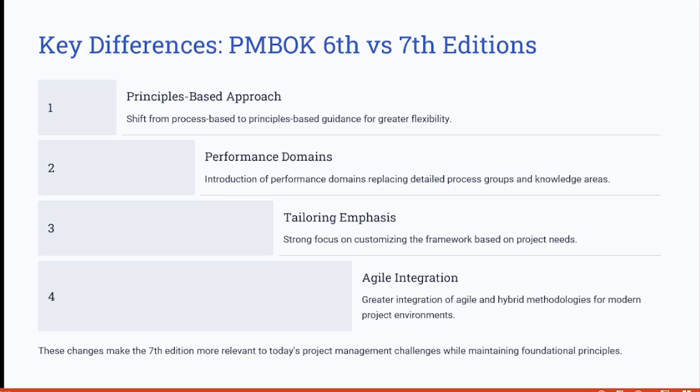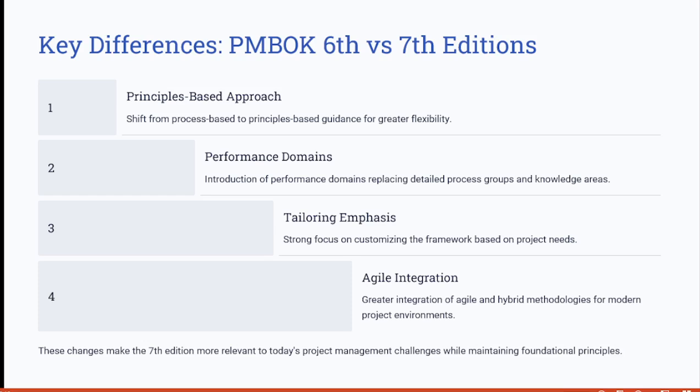The key differences between the sixth and the seventh edition of the PMBOK. We'll explore that in detail in the next video, but let's just have an overview of the key differences between both of these editions. The PMBOK Guide has significant changes in its seventh edition to reflect the evolving landscape of project management.